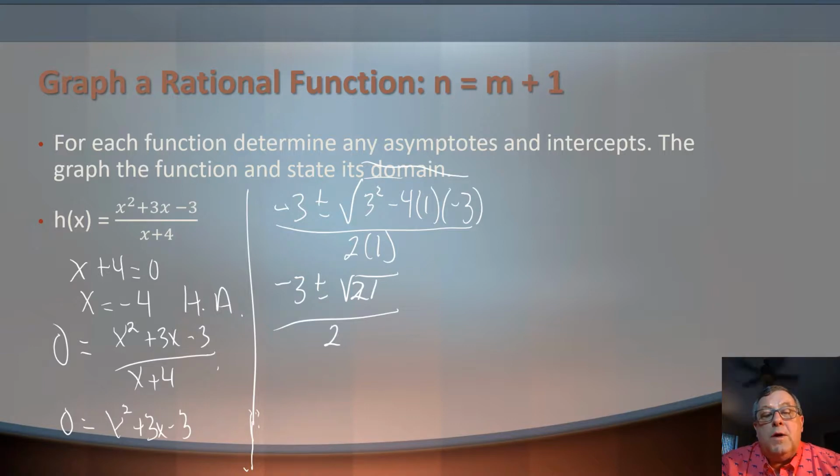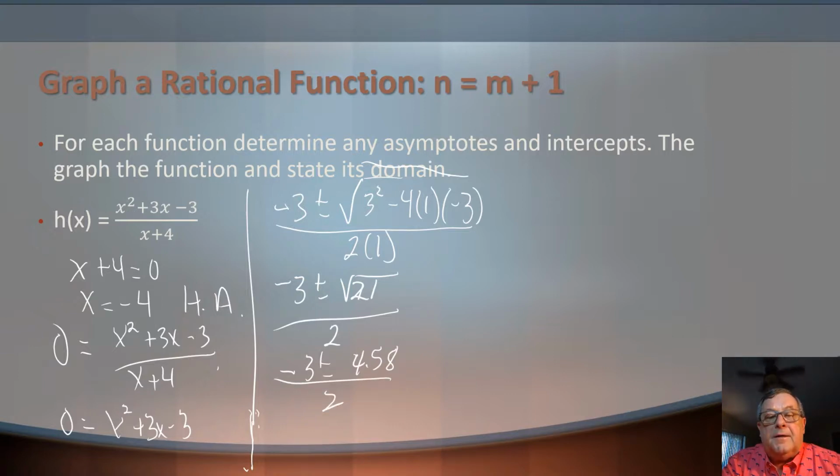Let's see, square root of 21. That's 3 times 7, so I'm not going to be able to pull out any perfect square. Let's find out what the square root of 21 is. It's 4. We're going to round this to the nearest hundredth: 4.58. So then we have -3 plus or minus 4.58 over 2.